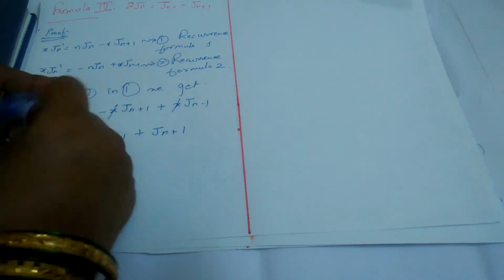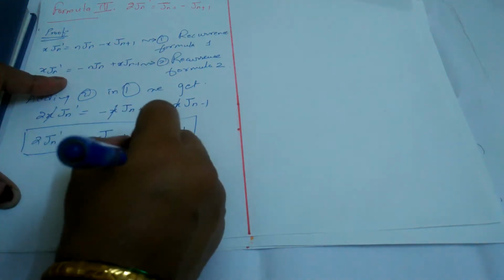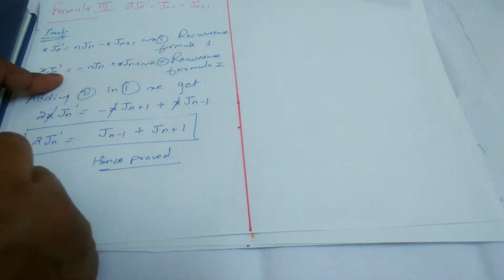We get 2Jn' equals J(n-1) minus J(n+1). Hence proved formula number 3. Now we'll start with formula 4.